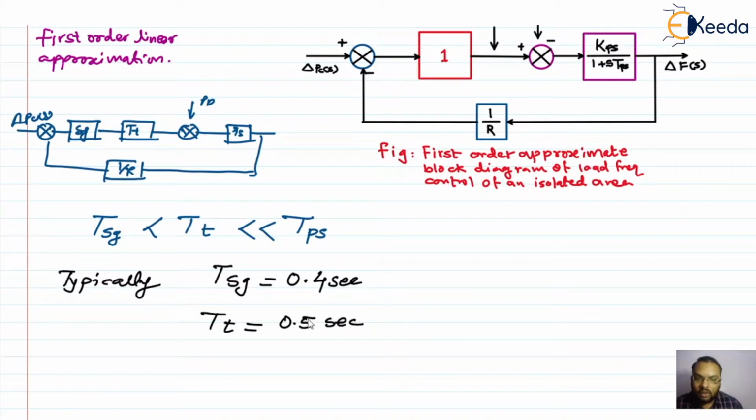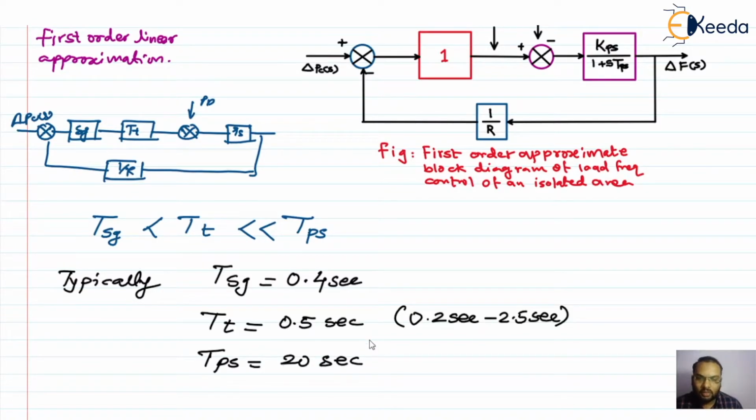This is the typical value, but the turbine time constant varies from 0.2 second to 2.5 second, depending on the type of the turbine. The reheater storage time and similar factors govern the time constant of the turbine. Then the time constant of the power system, TPS, is 20 seconds.